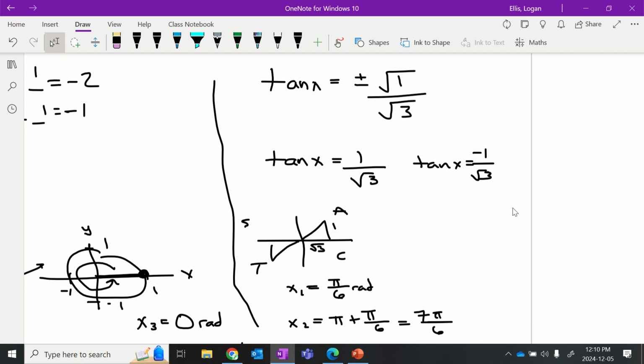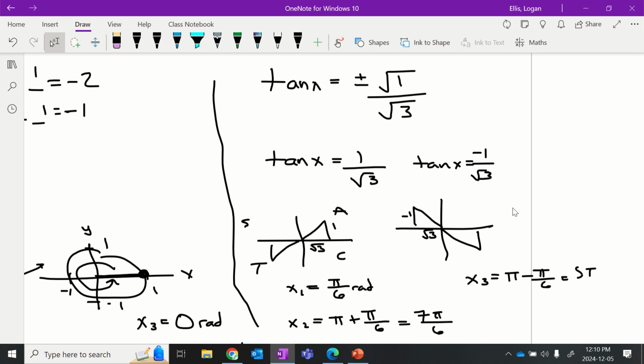And then this one here, these are basically the opposite, right? If we were to draw our CAST diagram, instead of being in the 2 positive quadrants, it is in the 2 negative quadrants. But you're going to get the same thing, right? Opposite over adjacent here. It's still going to be pi over 6, but now you're going to get your third value is pi minus pi over 6.